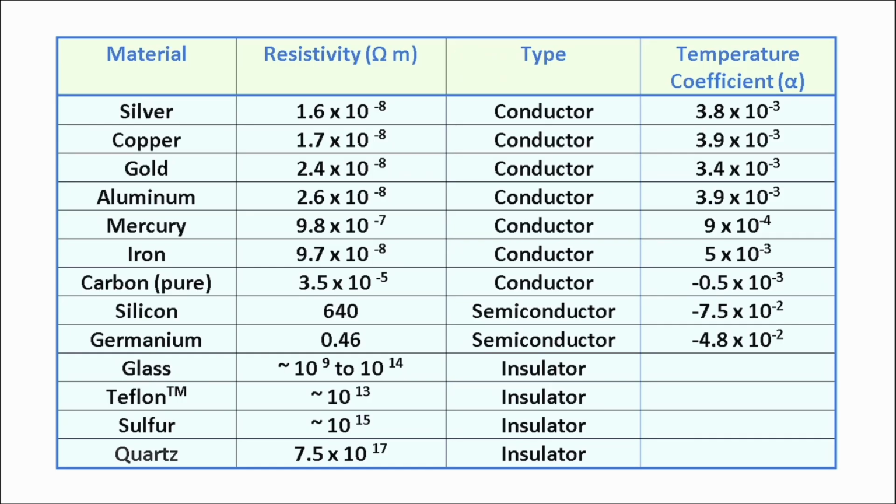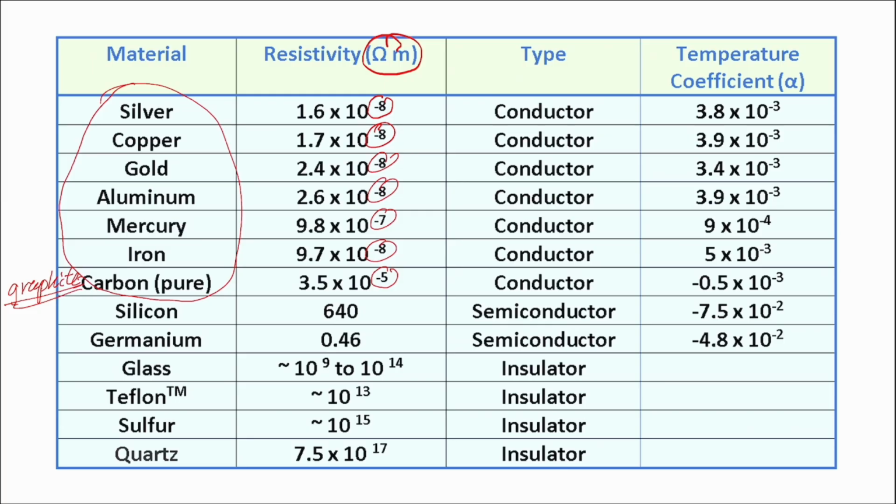Here is a table showing the resistivities of some common materials. You can see from here roughly to here, the resistivity is about 10 to the -8, -7, -8, or pure carbon 10 to the -5. This is actually graphite. The unit is ohm meter.